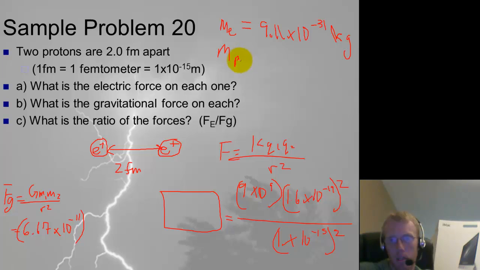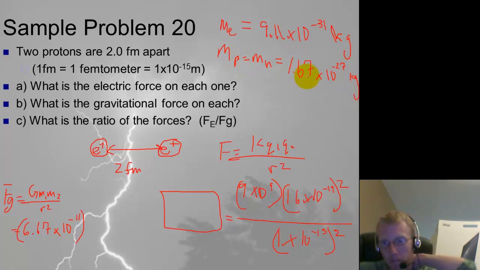Mass of a proton, which is the same as the mass of a neutron, within a very large amount of significant figures, they're the same, is 1.67 times 10 to the negative 27th kilograms. So protons and neutrons are roughly about 2,000 times more massive than the electron, so the mass is a lot bigger.